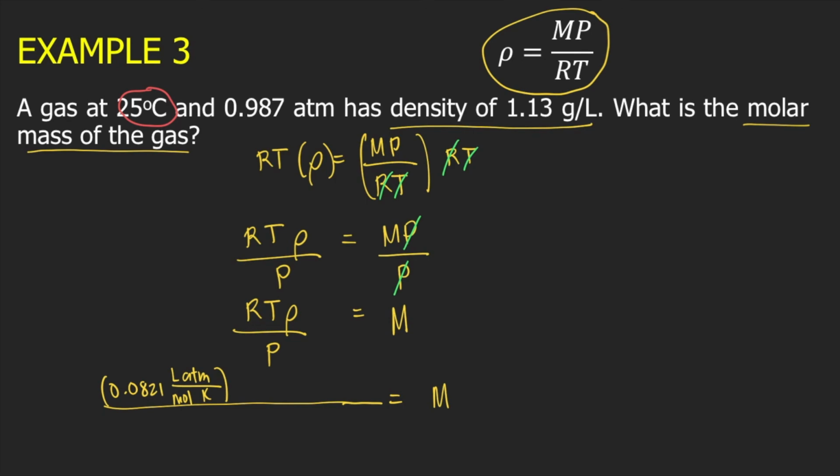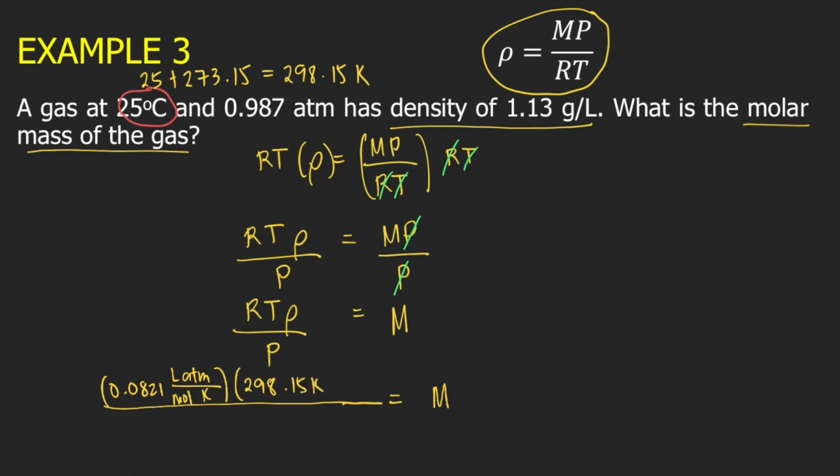So you need to convert that first into Kelvin. So again, you just add 273.15. So 25 plus 273.15, that's 298.15 Kelvin.